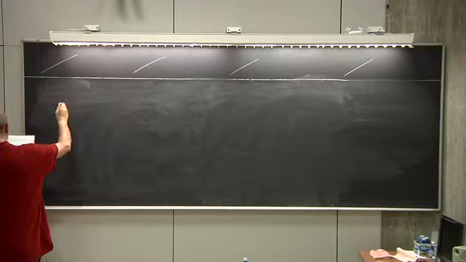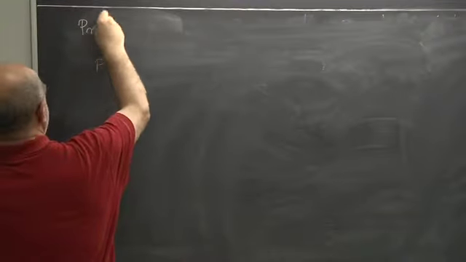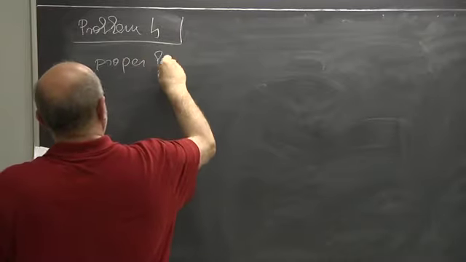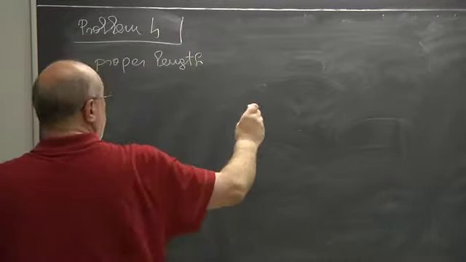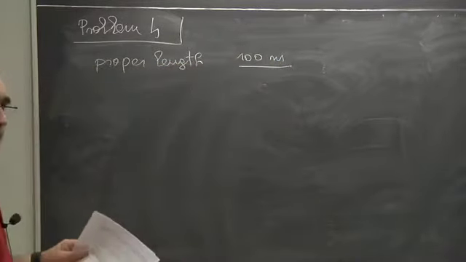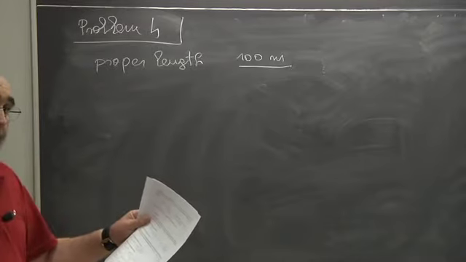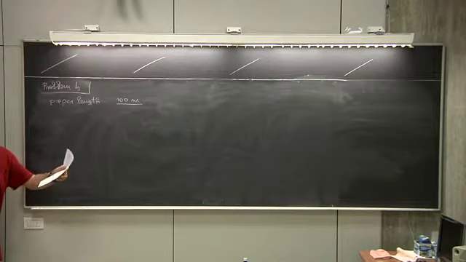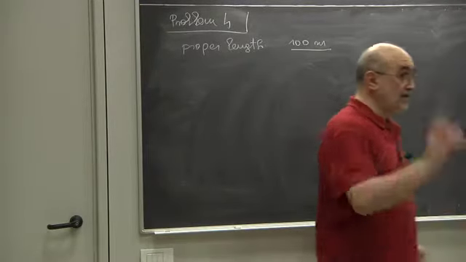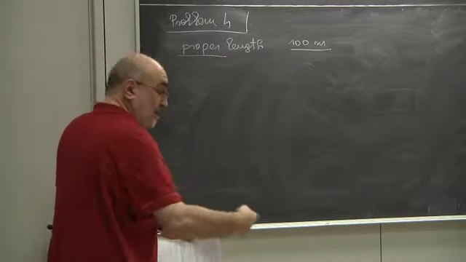Okay, now, a proper length this time, problem 4. The proper length of a spaceship is 100 meters. That means if I am in the spaceship with another astronaut, we are traveling in the spaceship, and we ask, how long is the spaceship? Inside the spaceship, while moving with it, we measure. Proper means you are riding with the thing.